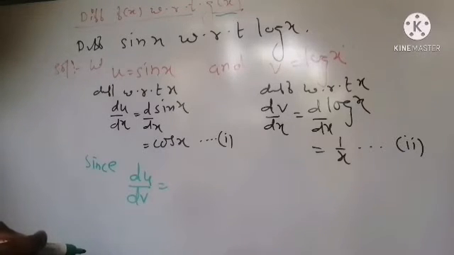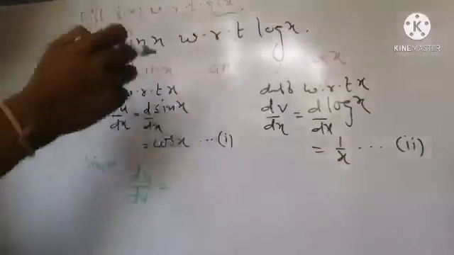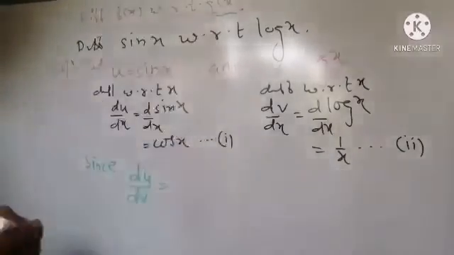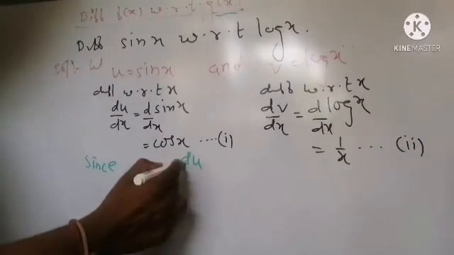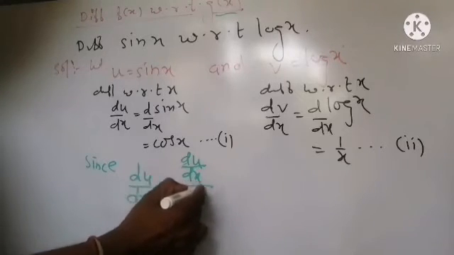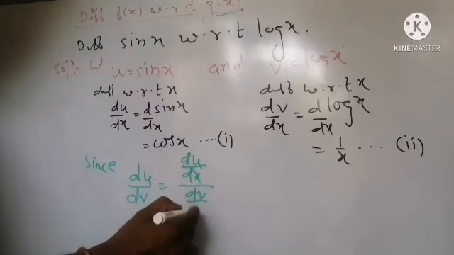Now remember the derivative of a parametric function. The same condition occurs there, as y and x are functions of t, so we do not directly differentiate y with respect to x, but we put dy by dx as dy by dt divided by dx by dt. Similarly here u and v are functions of x, so du by dv can be put as du by dx divided by dv by dx.